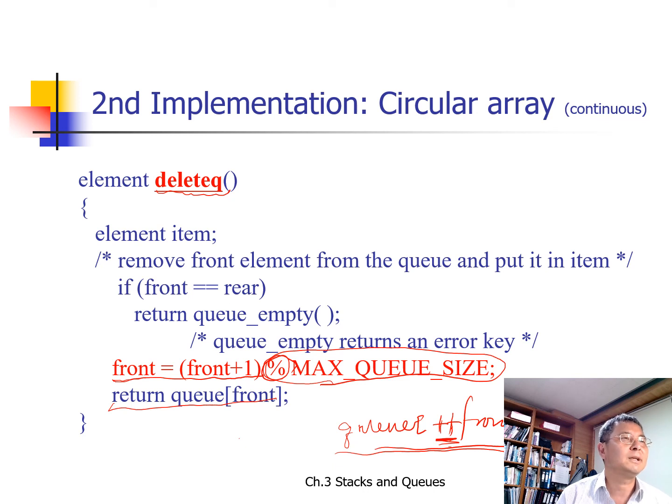So every operation in a circular array uses modulo operators. In addQ and deleteQ, both of them use the percent or modulo operator to make it circular.